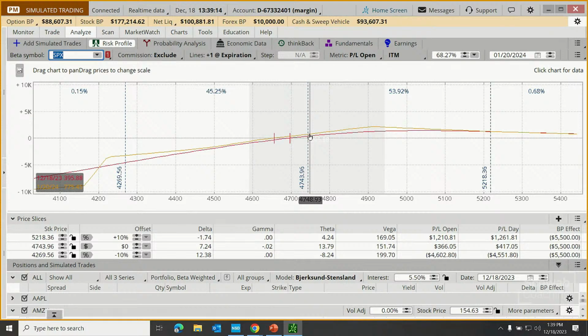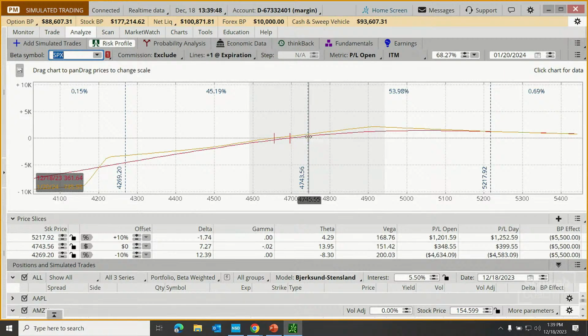However, something else I can say about this portfolio is we don't want the S&P to go down. Right? If the S&P goes down, this portfolio starts to lose money. And I can just move my cursor back and forth, and we can keep our eye on the numbers over here. This is showing how we'd be performing today if the S&P 500 were to rise or fall, and how we would be performing at our first expiration, well, the January 20th expiration that we've selected.